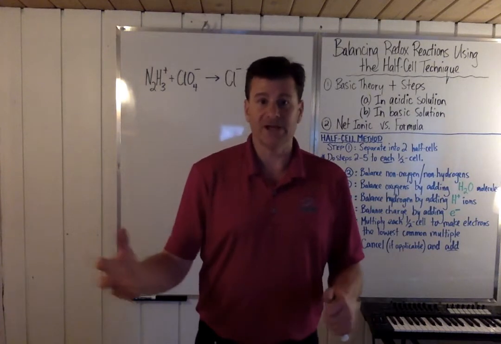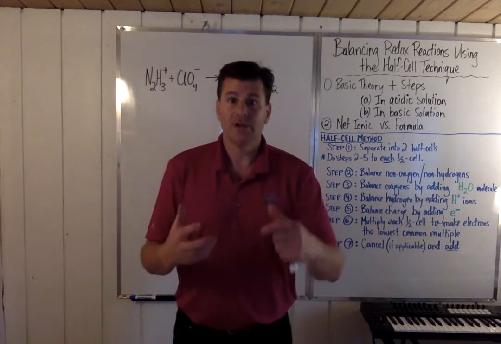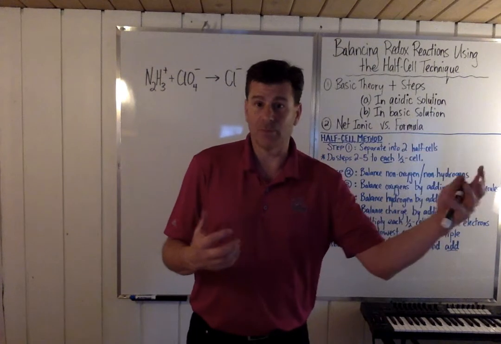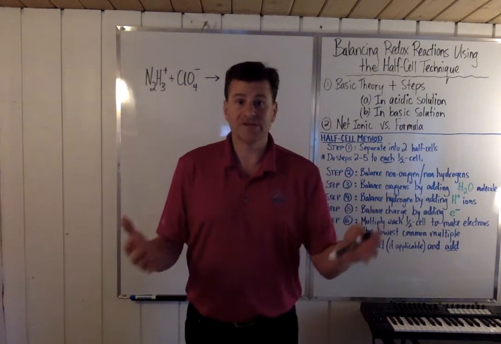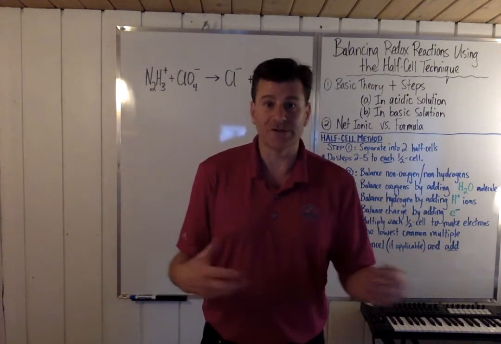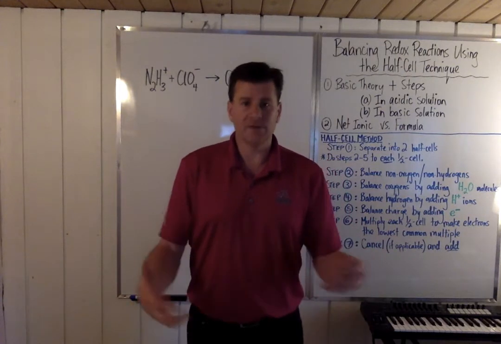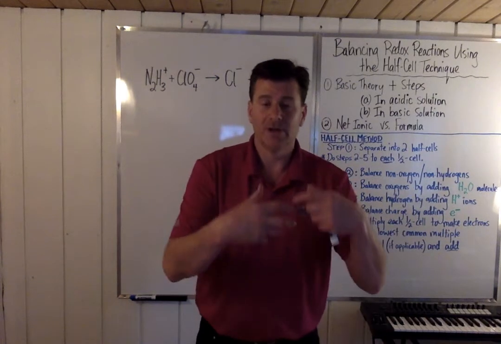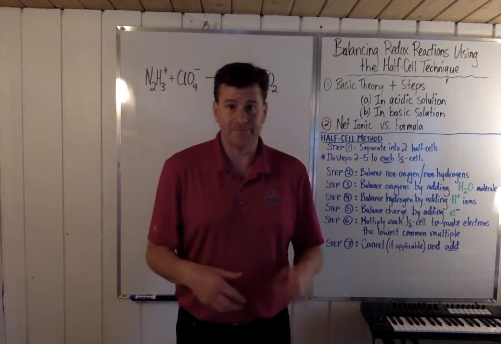The total number of electrons lost by the chemical species doing the oxidizing has to equal the number of electrons gained by whatever's doing the reducing. When you do this method, part of the process is you make the electrons balance between the two half-cell reactions. By doing that, you get that sense of the total number of electrons that get lost from this thing and gained by this thing over here, and you really understand that.